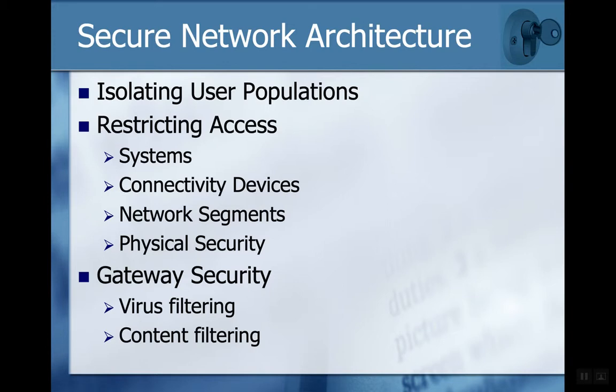All right, and then also restricting access in terms of systems, connectivity devices, network segments, physical security. Basically, anybody who's doing activities at any point, you should be able to get an understanding of what their activities are, whether their activities have been approved or validated or not, and what's happening. So restricting access is a big part of defining what we set up in our network architecture security.